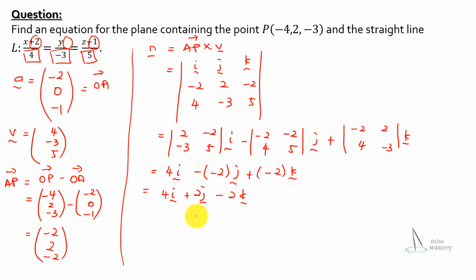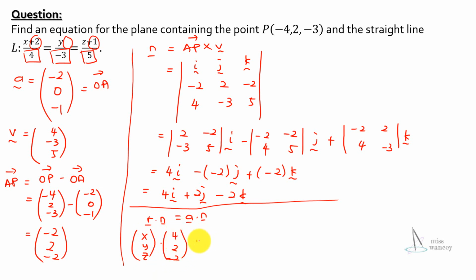Okay, so I do know the value of n, then we can simply substitute into the formula. r dot n is equal to a dot n. So r is (x, y, z). n is (4, 2, -2). And then A is the fixed point on plane, so we are going to use this number. So (-4, 2, -3) dotted with (4, 2, -2).